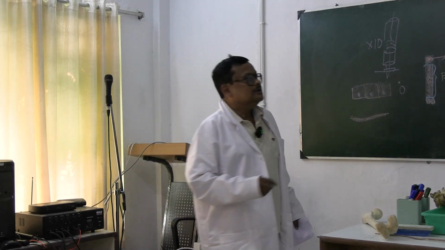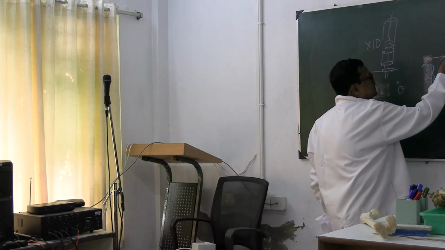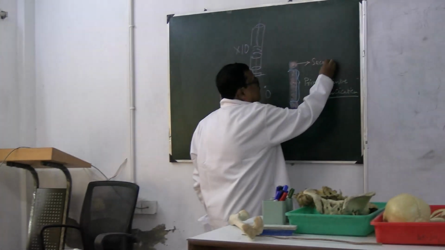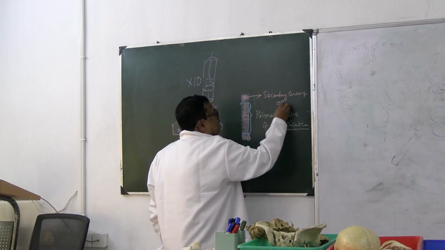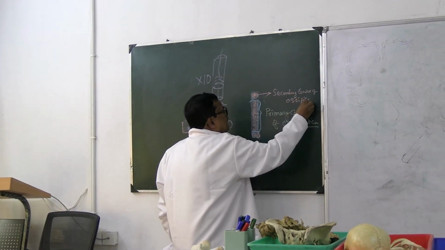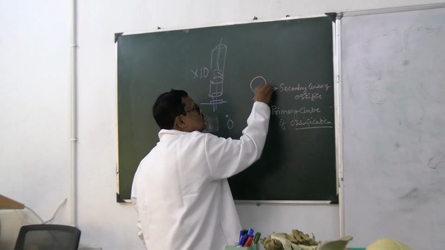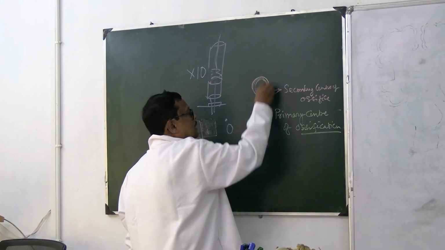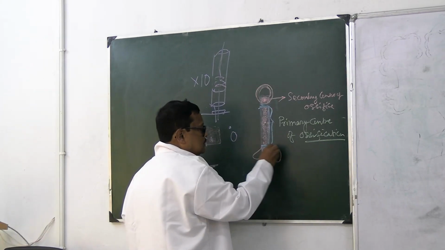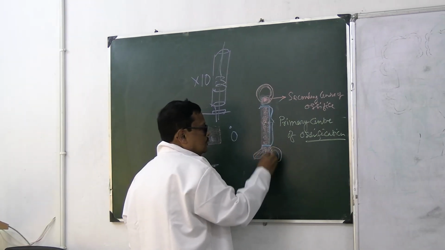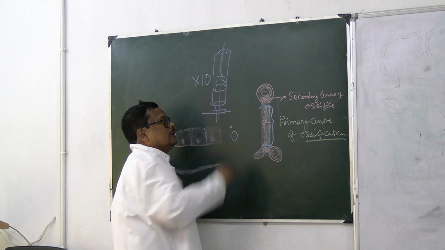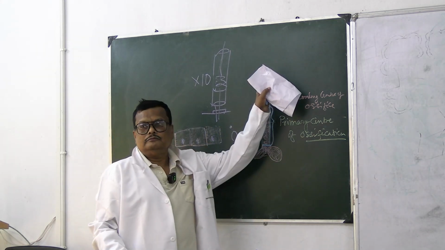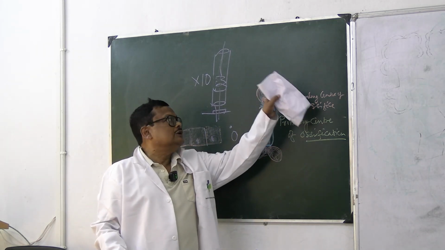So we call it the secondary center of ossification. Gradually it grows to form this type of growth, and it forms the head. We call it the secondary center.